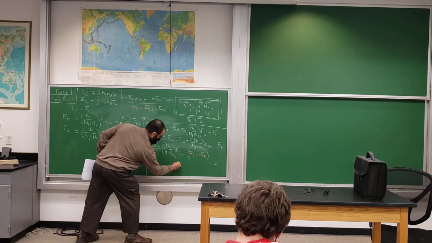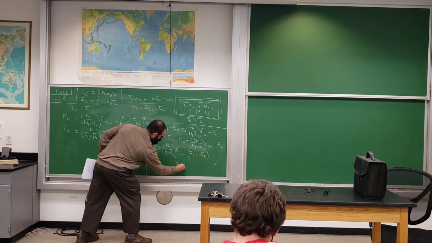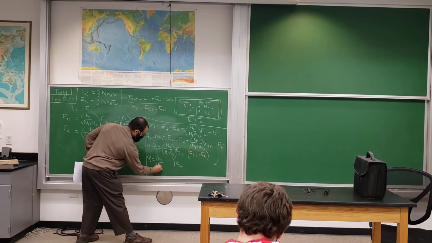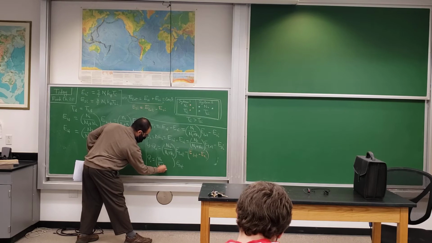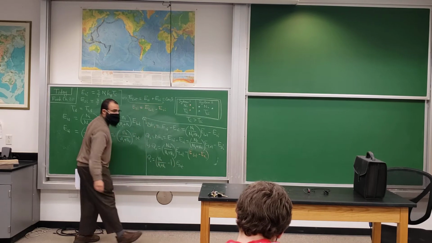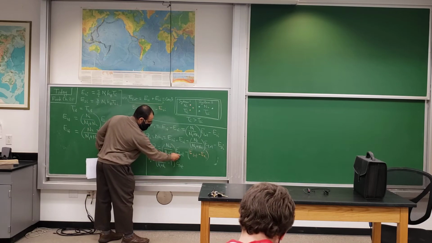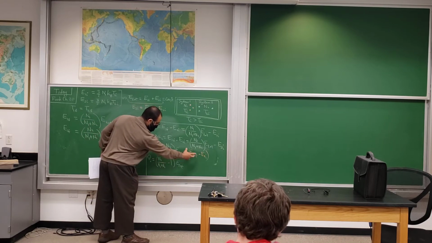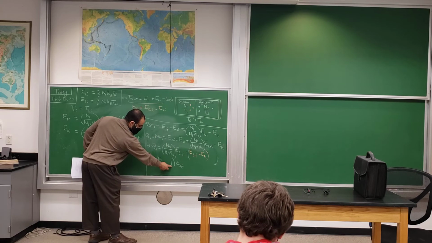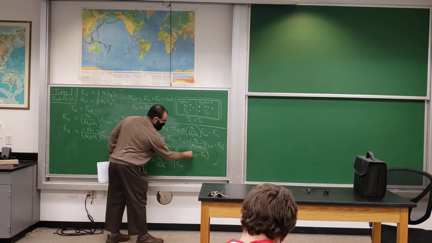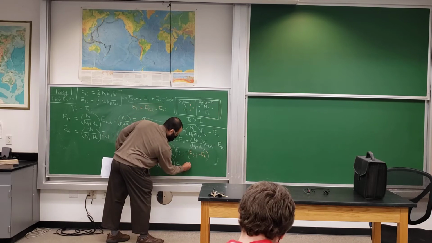I have E total times N2 over N1 plus N2 minus 1, right? I'm combining this times E total minus E total. If you factor E total, you would have negative 1 here and this. And then here minus becomes a plus E1 initial.